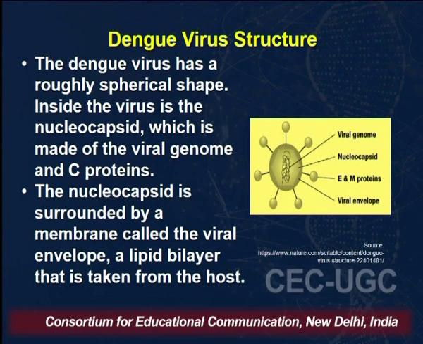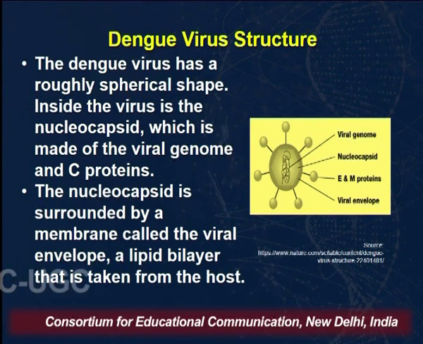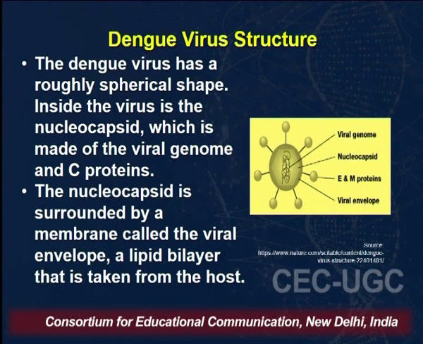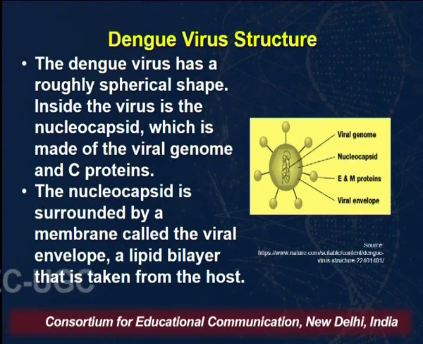So, we see the structure of the dengue virus. As I said, it is roughly spherical in shape. Inside the virus there is a nucleocapsid, which is made up of the viral genome and the C protein. The nucleocapsid is surrounded by a membrane called the viral envelope, which is a lipid bilayer taken from the host system.